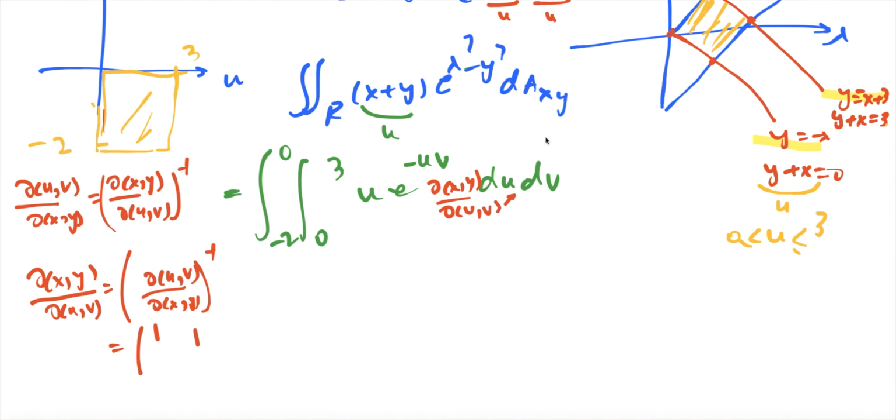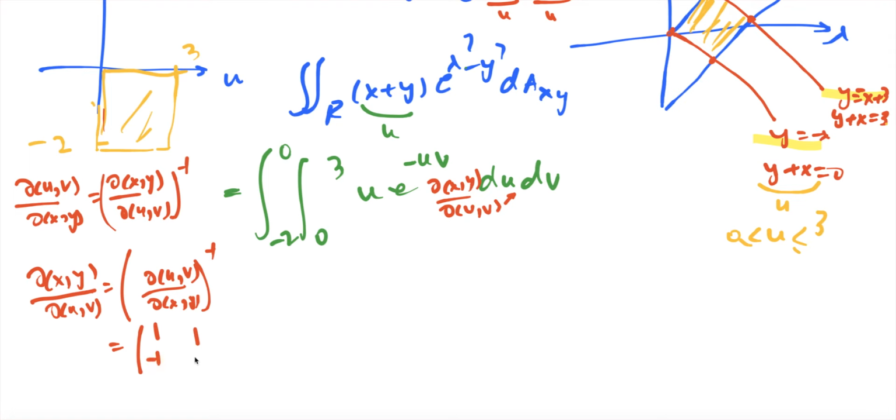So v with respect to x is -1, v with respect to y is 1, and negative of that to power -1. Find the determinant to power -1, that means reciprocal of that. The determinant itself is 1 minus -1, which is 2, to power -1, which is 1/2. And this is positive, so I don't need to find the absolute value in here. It's just the same thing.